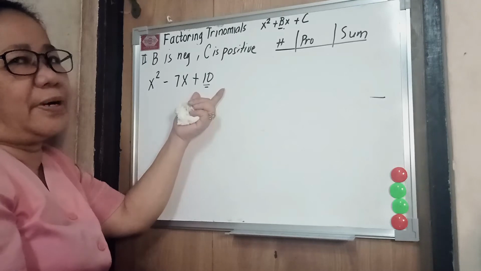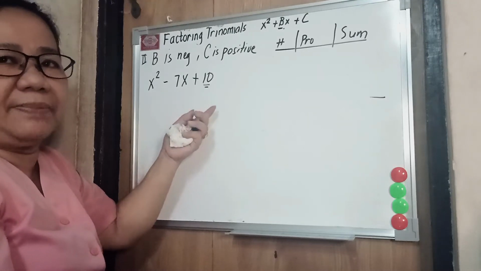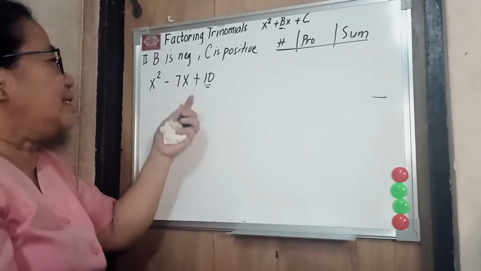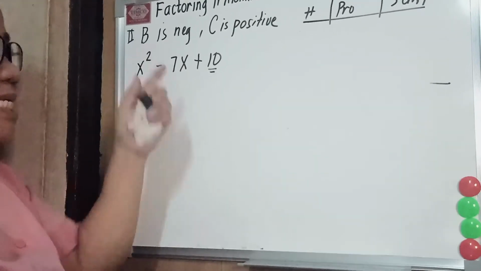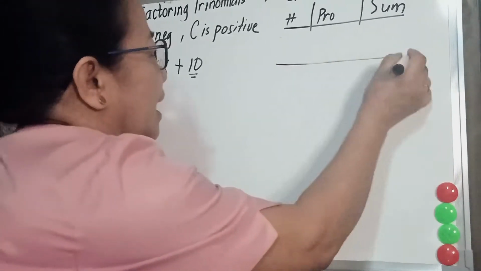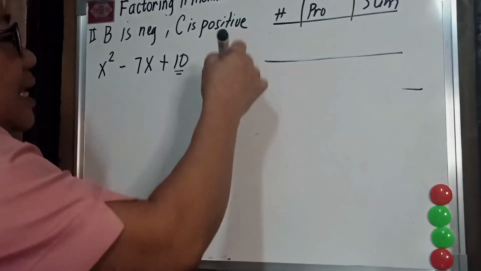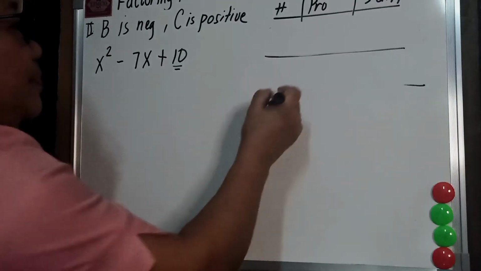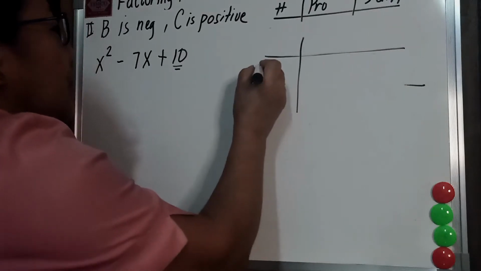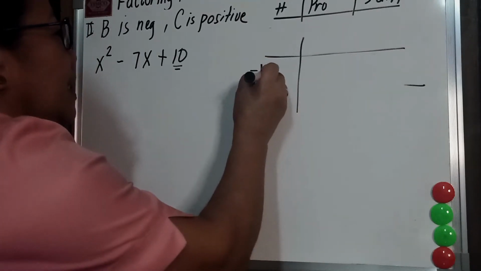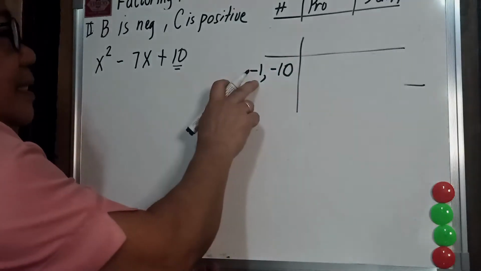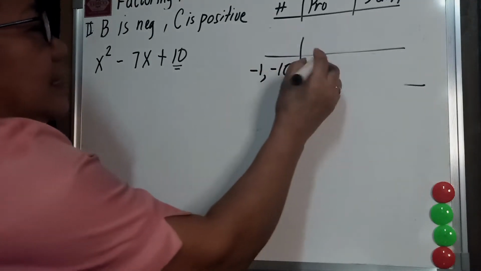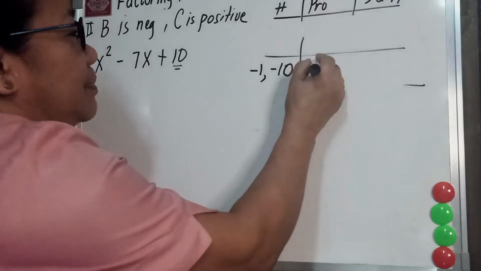What two numbers, when multiplied together, will give us 10 and whose sum is equal to negative 7, the value of b? Again, let us list down the pairs of numbers. Let us have negative 1 and negative 10. Negative 1 times negative 10, the product is positive 10.